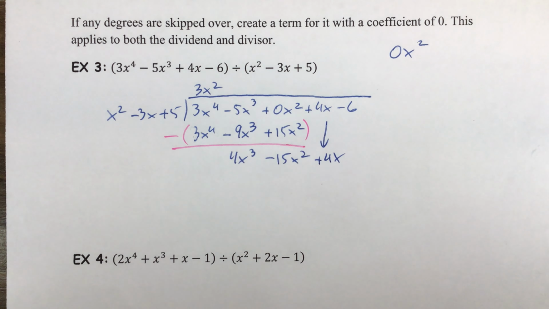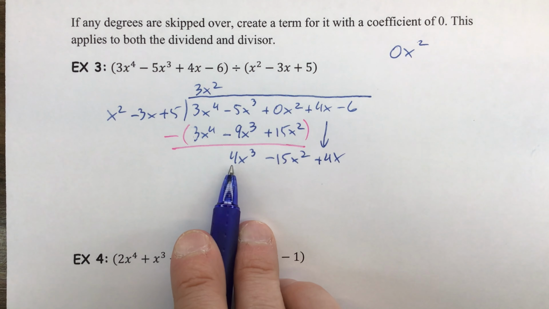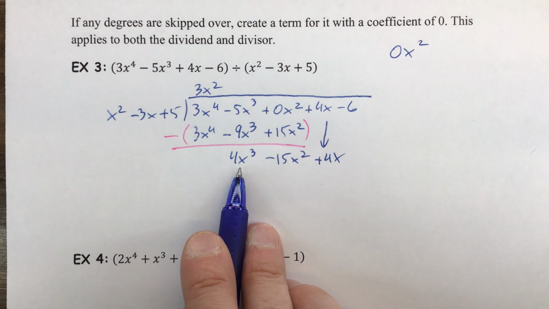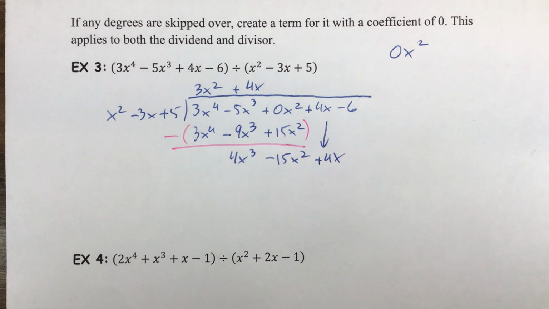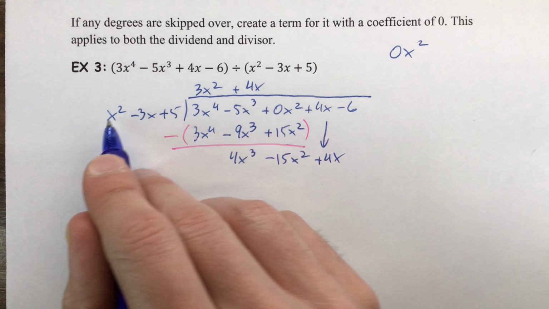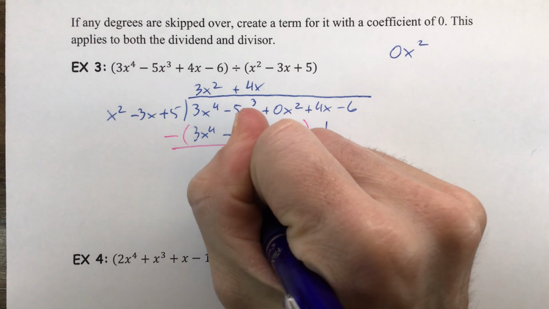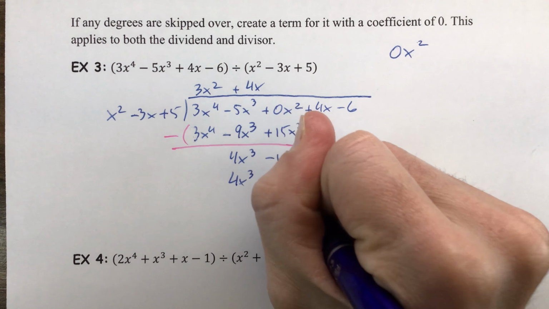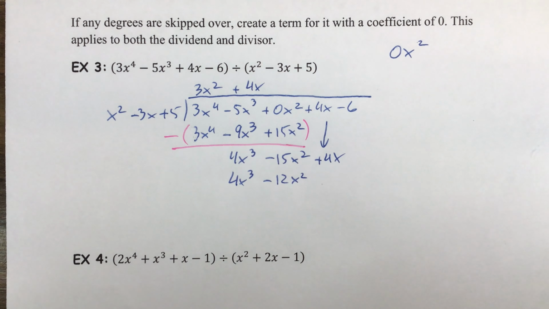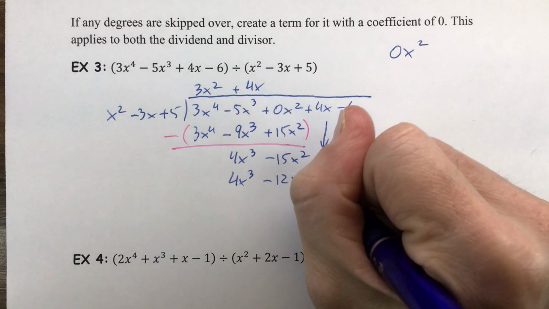Repeat the process. X squared times 4x is going to get us this. Okay, so now multiply 4x times x squared, 4x cubed, multiply. You get negative 12x squared, multiply.